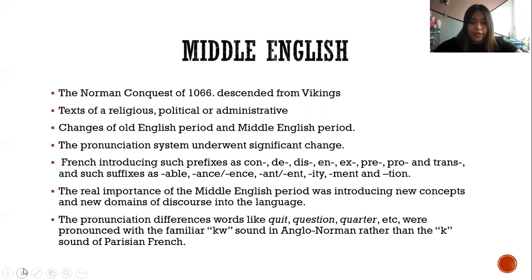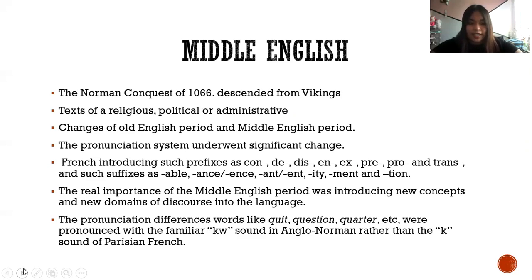Then we have the Middle English period. This period was roughly 300 years. It is difficult to identify because it is a time of transition between two eras that each have a stronger definition.